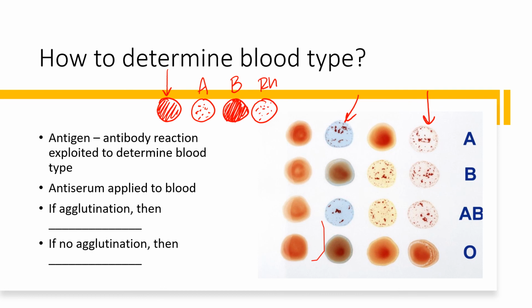Where you have agglutination, that is the blood type. If there's no agglutination, then the antibody was not able to recognize the antigen in the sample, and they're not a match. That's not the blood type.